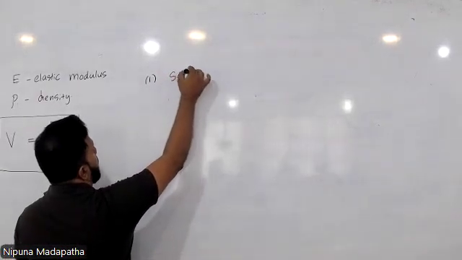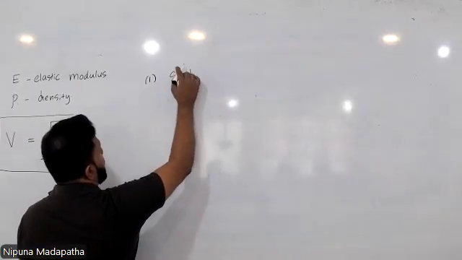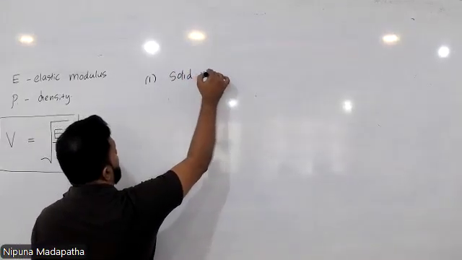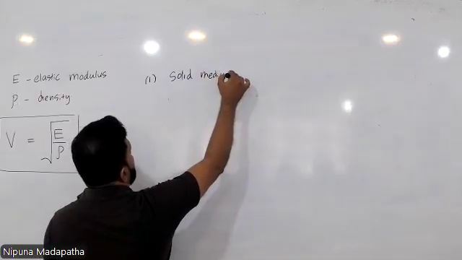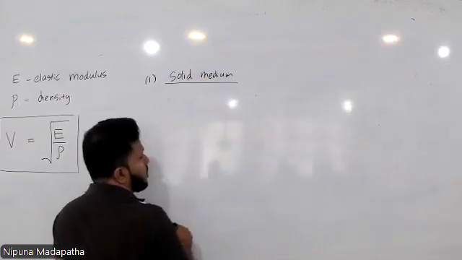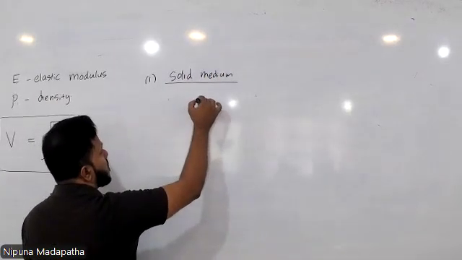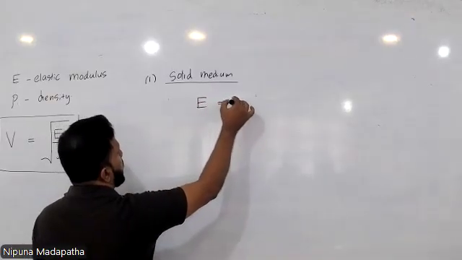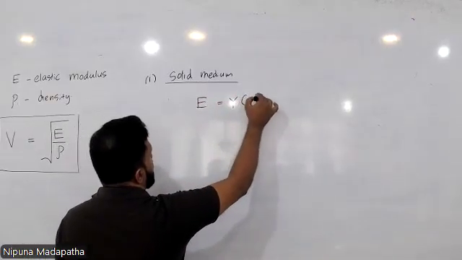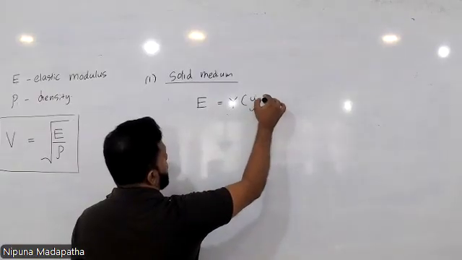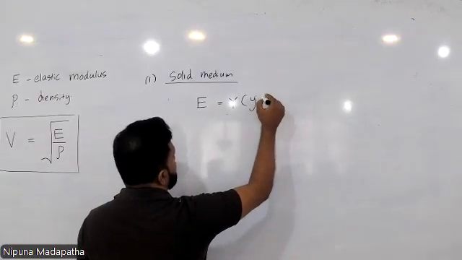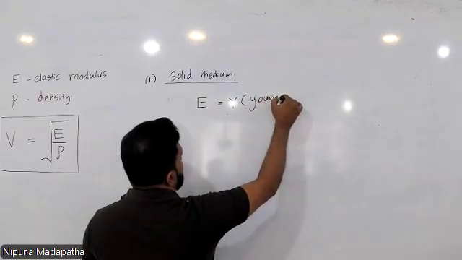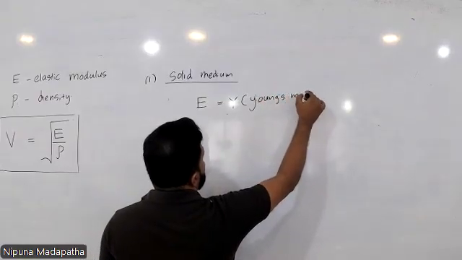You can consider a solid medium. For solid mediums, the elastic modulus is known as Young's modulus. E equals Y, where Y is Young's modulus.